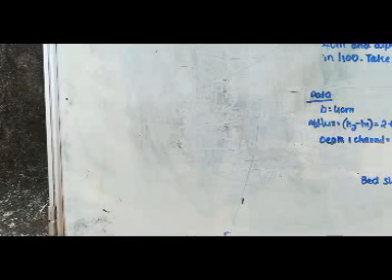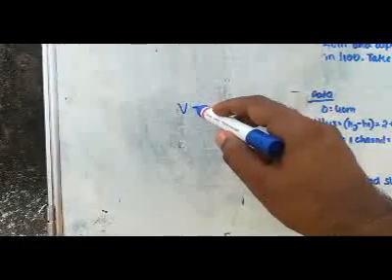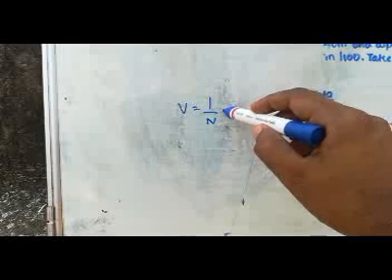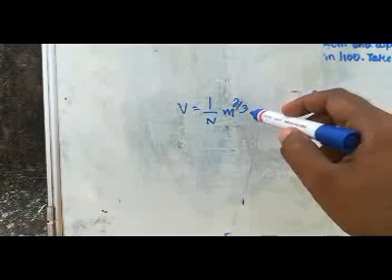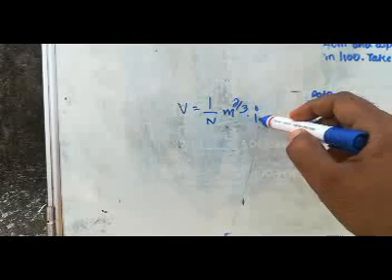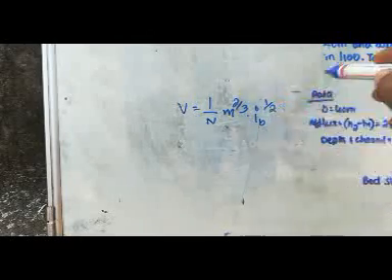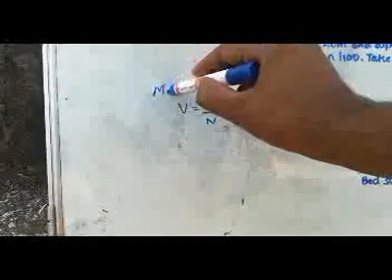So that is why we should know the formula. The formula for velocity, Manning's formula, is V equal to 1 by n, m to the power 2 by 3, into slope of the bed IB to the power 1 by 2. This is the Manning's formula.